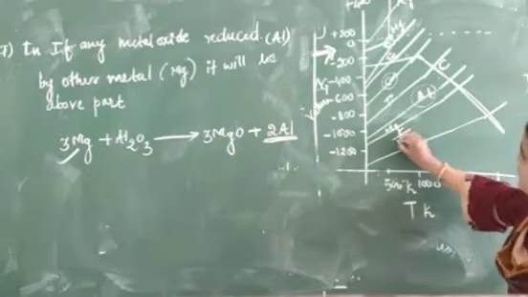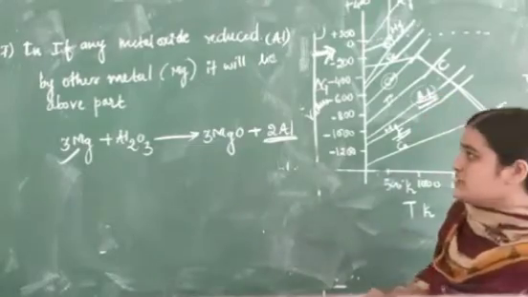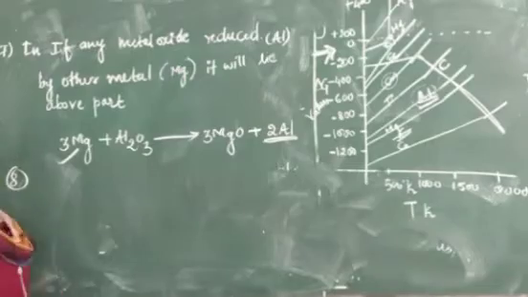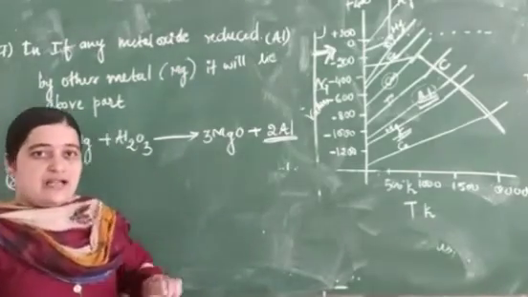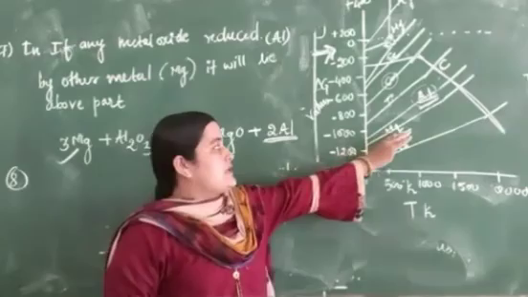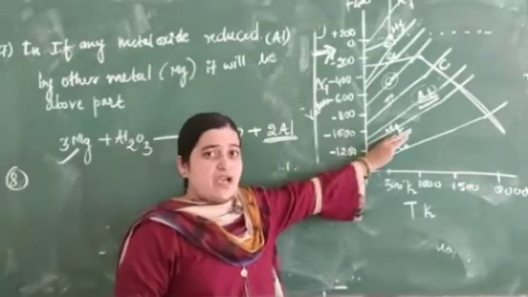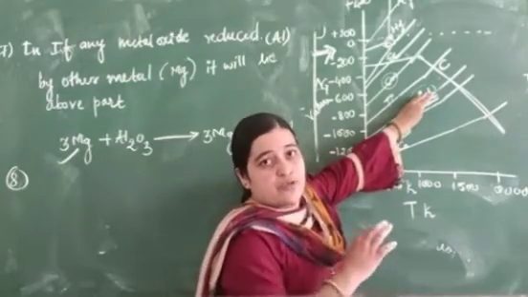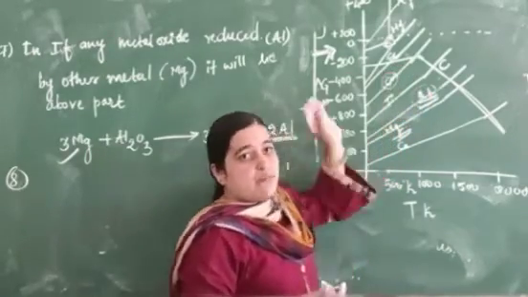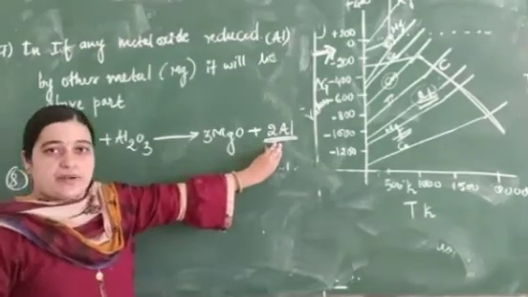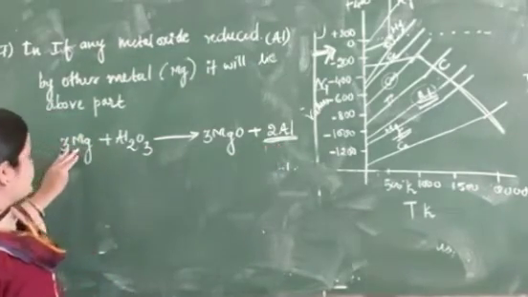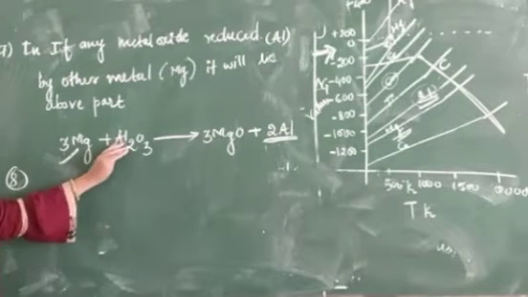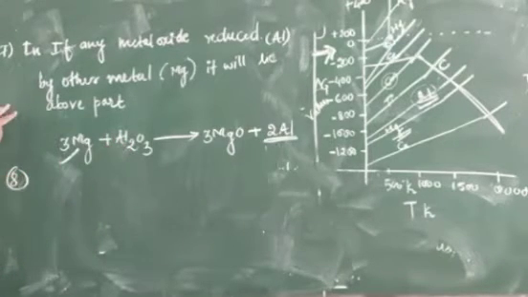So Mg is below aluminium, isn't it? This is about the 7th point. If any metal oxide is reduced by the other metal, that metal oxide lies above the first metal. We have used this Mg for the reduction of this aluminium oxide, so aluminium will lie above Mg itself. So this is about the 7th point.